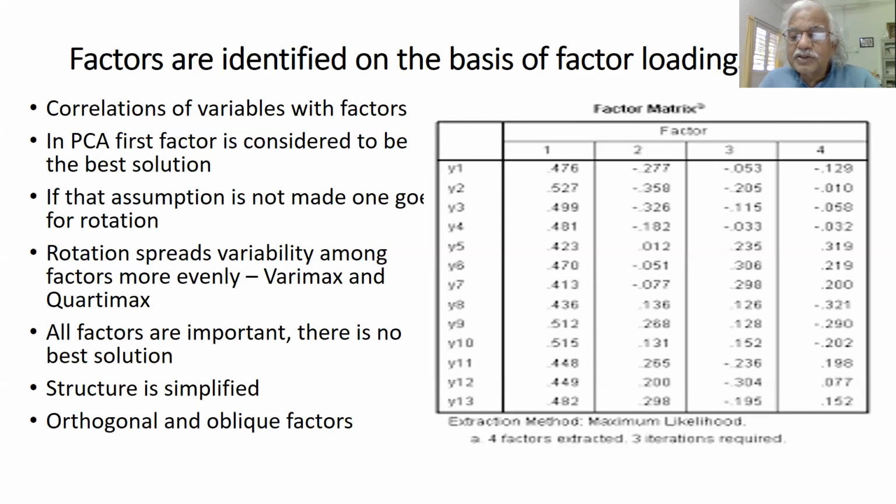You can also compare relationships with variables across different factors. See variable 13. Variable 13 has a correlation of 0.482 with factor 1, 0.298 with factor 2, like that.